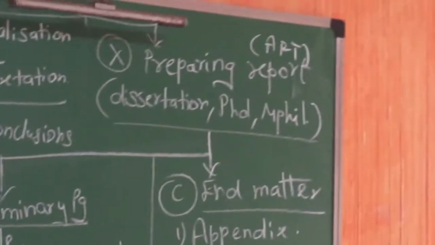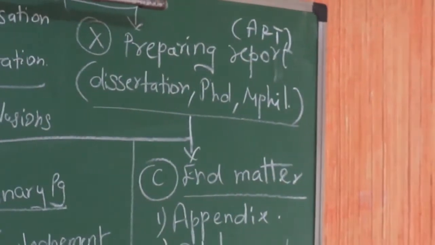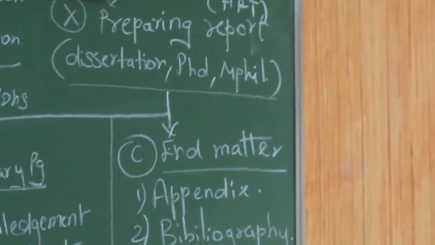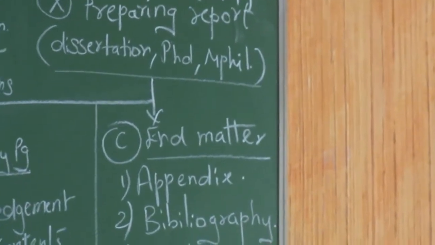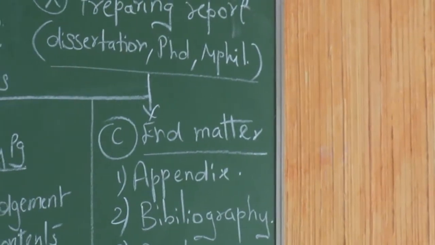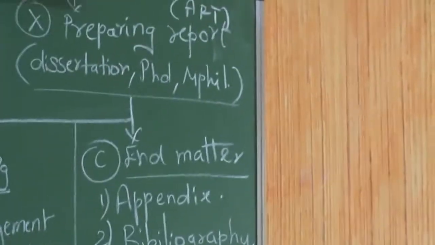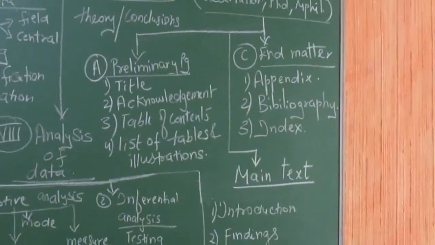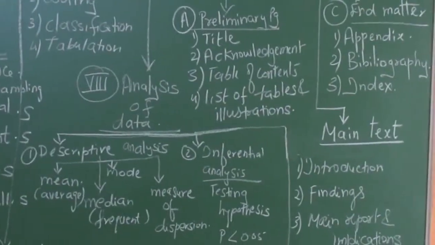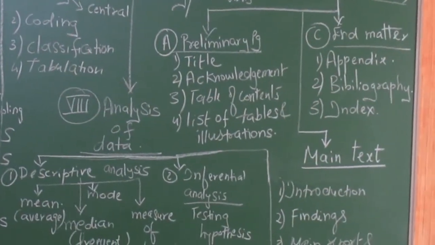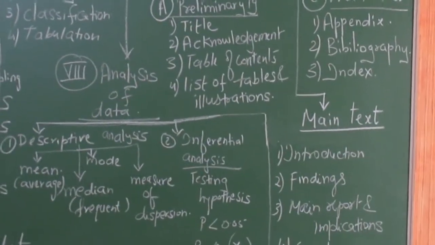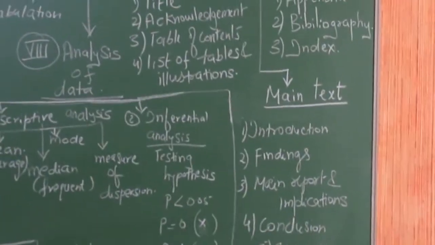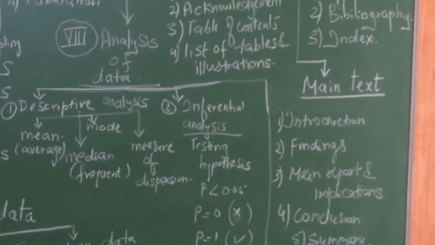And then we come to the last point, preparing a report. Now preparing a report, as it says, is an art. You do this when you write your dissertation, when you write your thesis for your PhD, MPhil, you prepare your report, and basically it is divided into three parts. The first part is the preliminary page, where you write the title of your research, your acknowledgement where you thank everybody, table of contents, the list of tables and illustrations, if you have any.